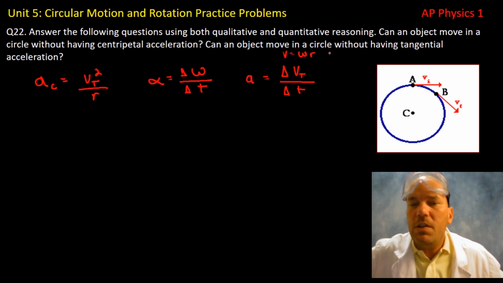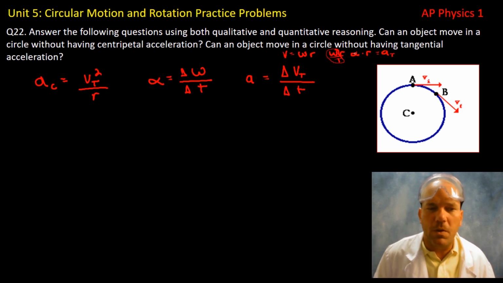So if we were to sub in omega r into here over t, we would find that omega over t, the change in angular velocity over change in time, is equal to the angular acceleration. Therefore, the angular acceleration multiplied by the radius is another way to express the tangential acceleration. I want you to keep that in mind as we move forward.